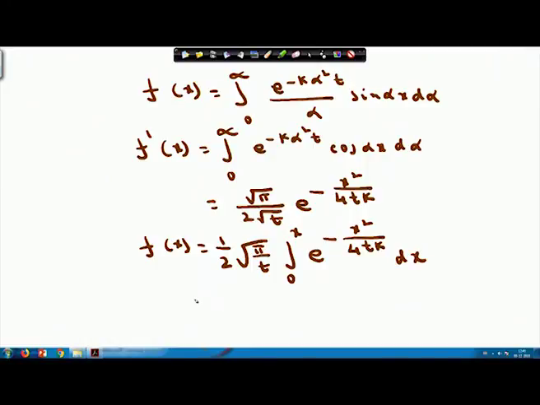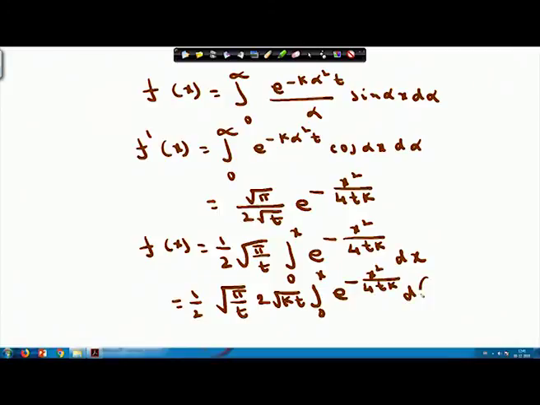And this, if you evaluate again, you can write down half into root pi by t into 2 root k t, just some modification we are making, 0 to x e power minus x square by 4 t k into d of x by 2 root k t. That is the reason this 2 root k t is coming over here.